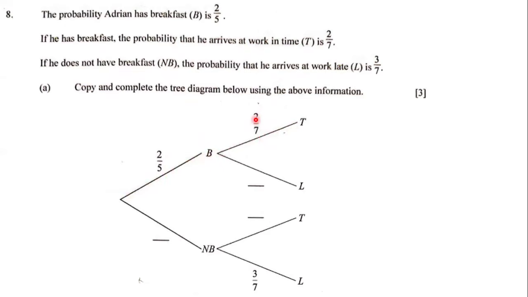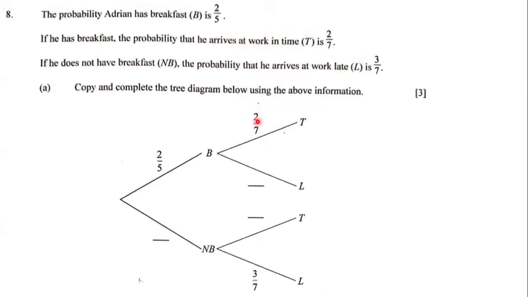Notice what it says: if he has breakfast, the probability that he arrives on time is 2 over 7. And so what we have to do is copy and complete this tree diagram.